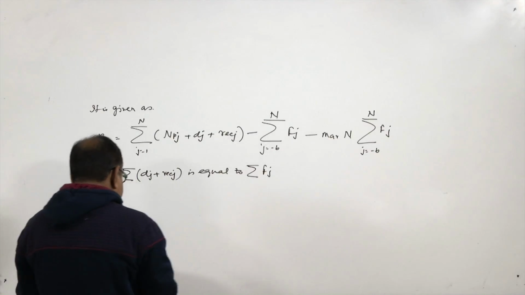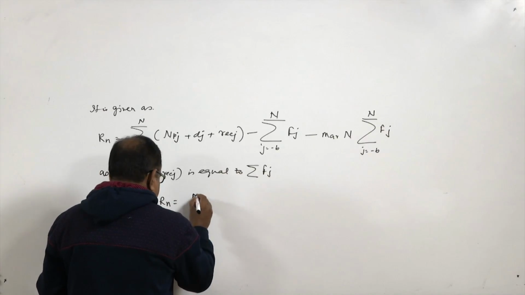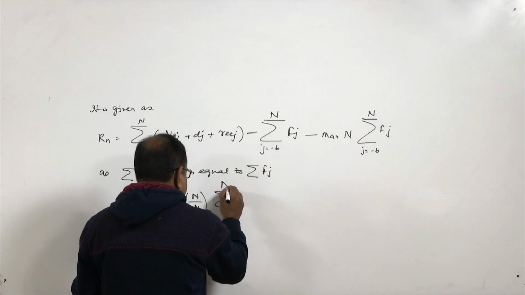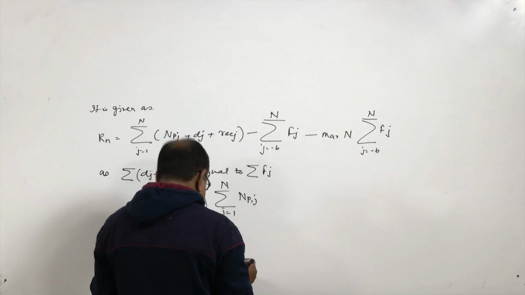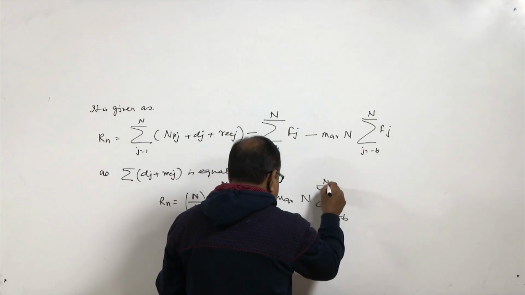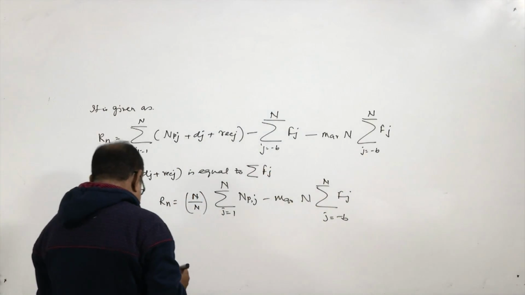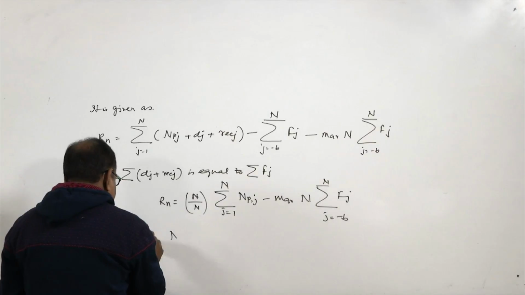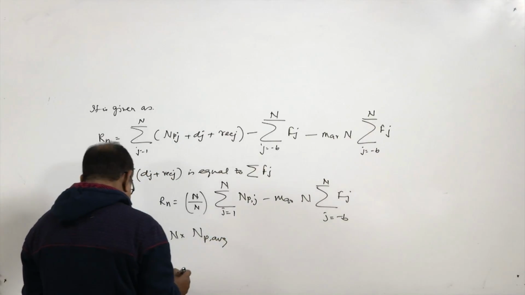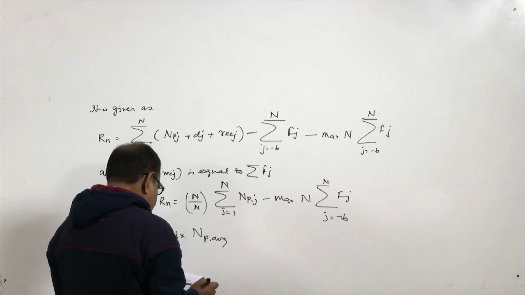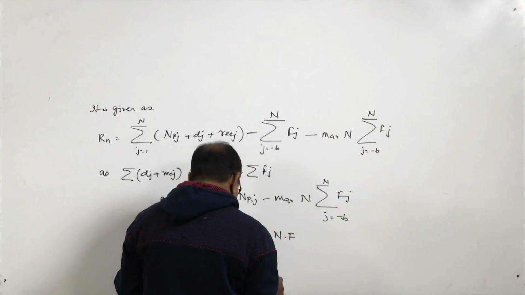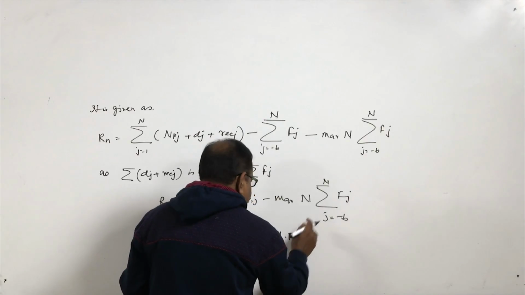The equation reduces to Rn by n, summation j equal to 1 to n NPj minus MAR n, j equal to minus b to n Fj, or we can write Rn is equal to n into NP average minus MAR n into F, capital F. Capital F is the summation of this Fj.